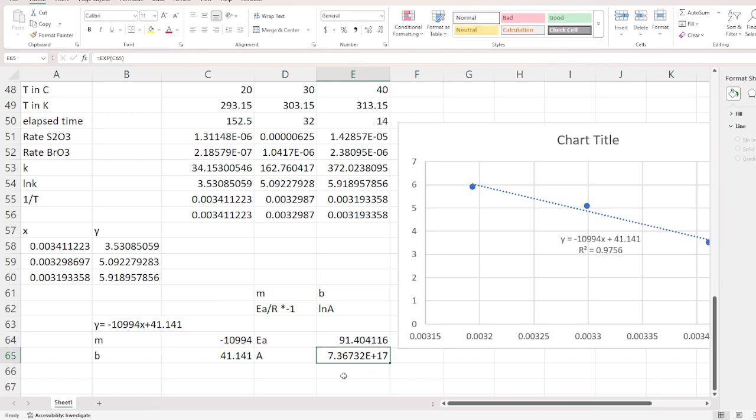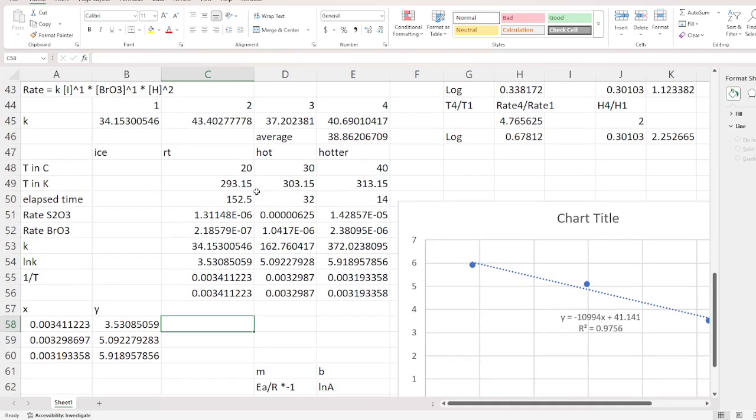So in this particular student, we got something like 91 kilojoules activation energy and a collision factor of 7.36 times 10 to the 17th. But that is how you'd go about doing that.